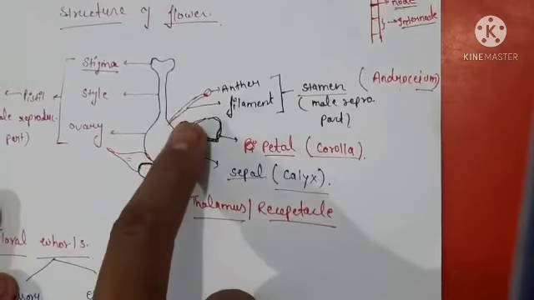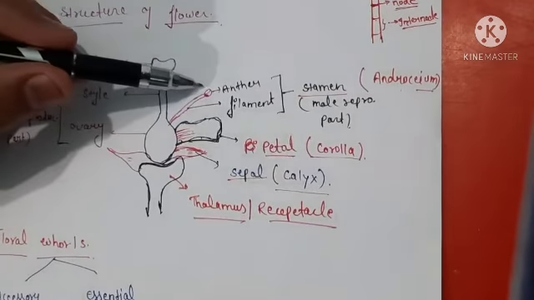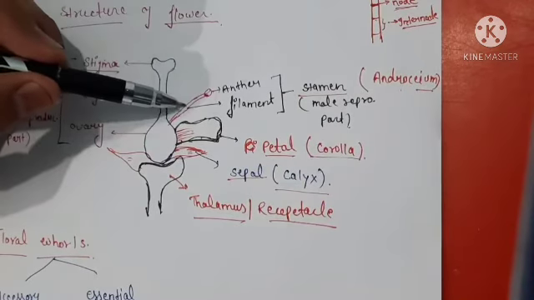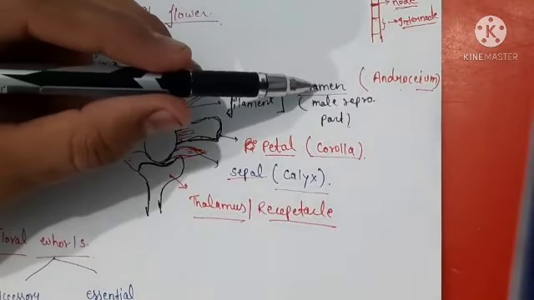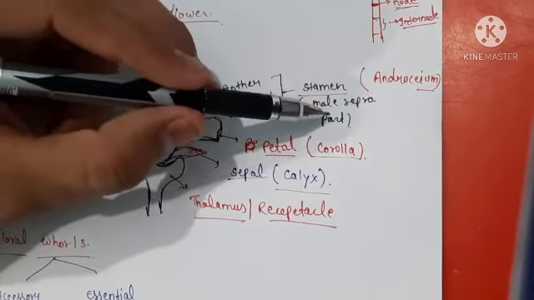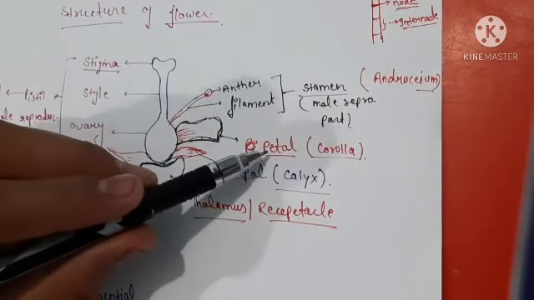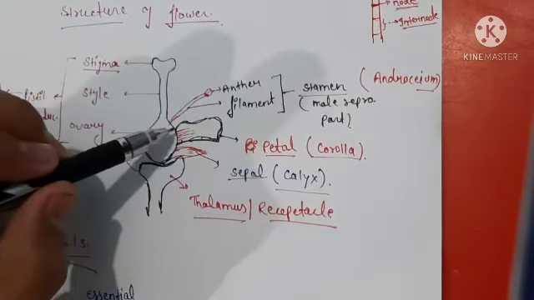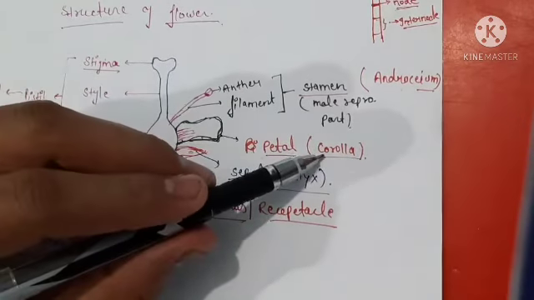Here this part is called anther and this part is called filament, and anther and filament collectively are called stamen, and a group of stamens is called androecium. It is the male reproductive part. Now we discuss petals. One whole is called a petal and a group of petals is called corolla.